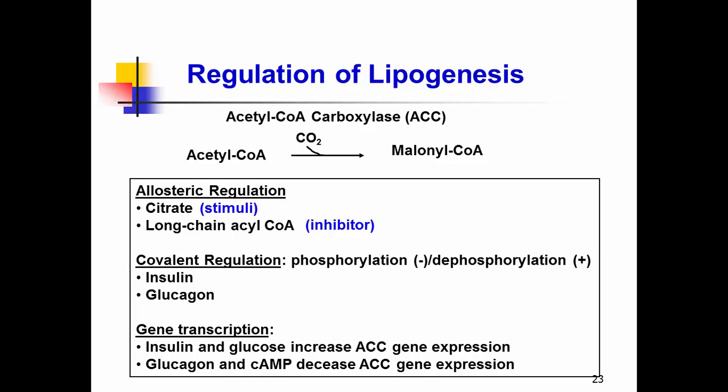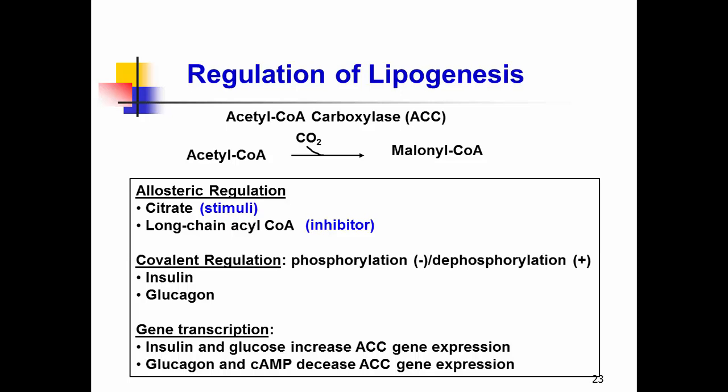First is allosteric regulation. For example, citrate is a strong stimulator of lipogenesis, or ACC activity, right? If citrate levels increase, which occurs under high carbohydrate diet conditions, we have a lot of acetyl-CoA generated from oxidation of glucose, which enters the TCA cycle and produces a lot of citrate.